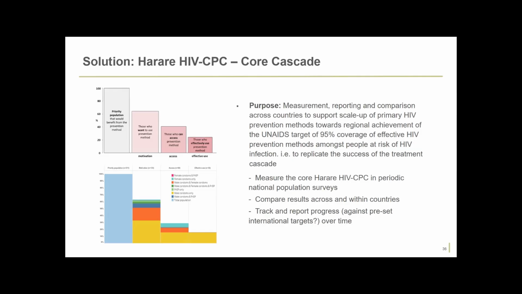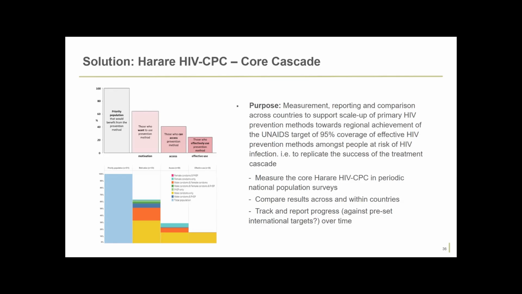So we can measure this in national population surveys, compare results across countries, and track and report progress against preset international targets. If you look at the left-hand side, the first bar is the priority populations that we are focusing on. It could be adolescent girls and young women. It could be female sex workers, etc.